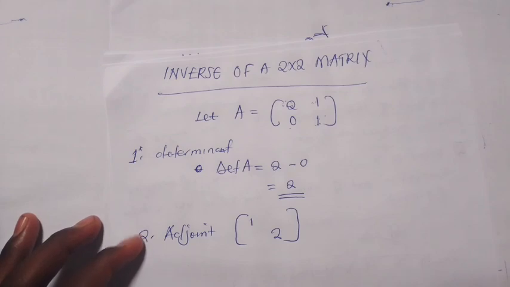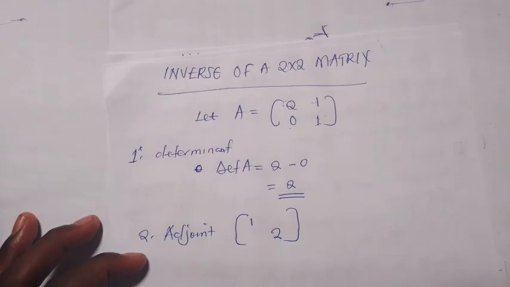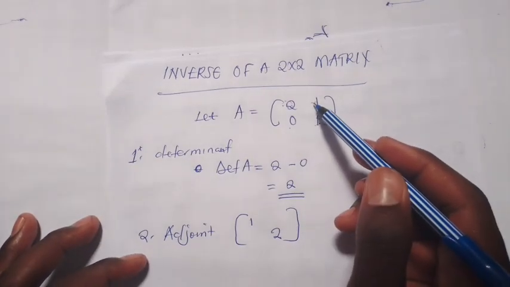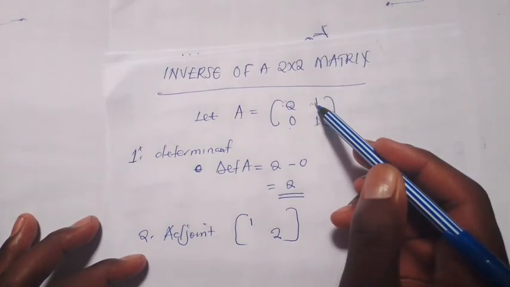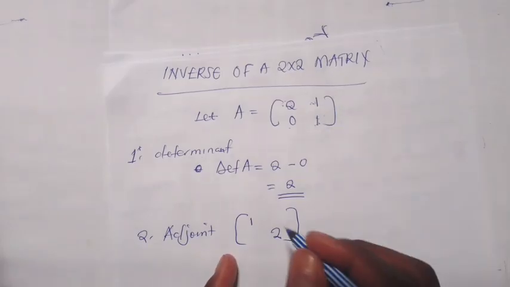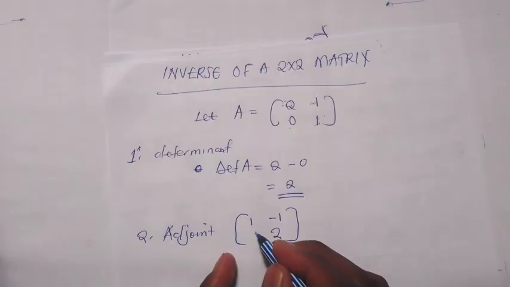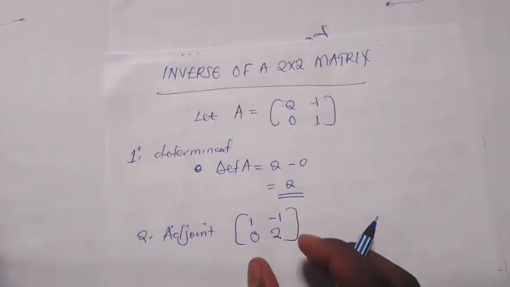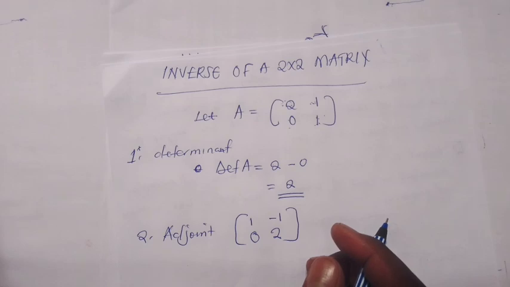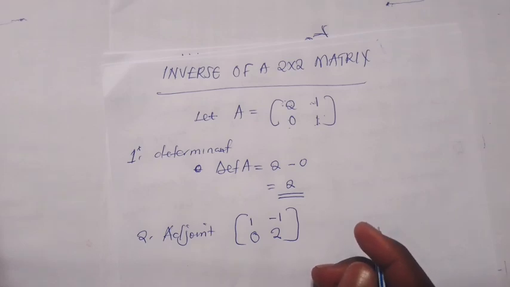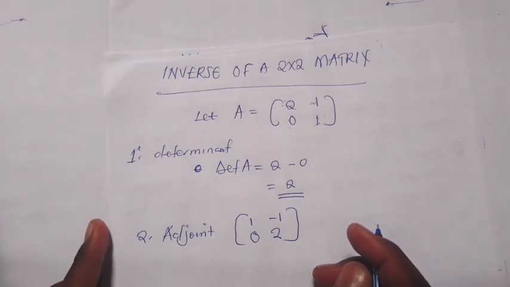Okay, so we are going to change the signs. If you have positive here, it means in the adjoint you are going to have negative. 0 is neutral, it has no charge, so it's going to remain like this. Okay, then what's next is to multiply.